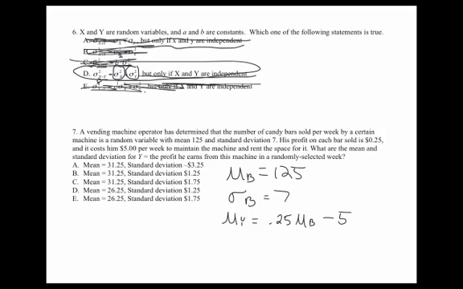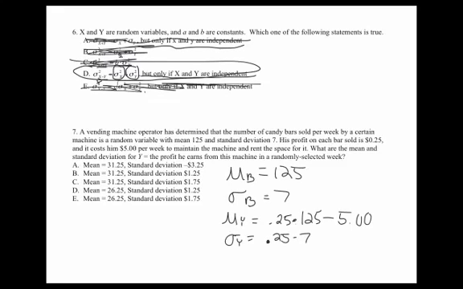So, I guess I could put that right in there. His mean was 125. So 25 cents times 125 bars on average, minus the $5 in operating costs, or maintenance cost. And then the standard deviation, when we're looking for that, we only are going to take the constant times the old standard deviation.